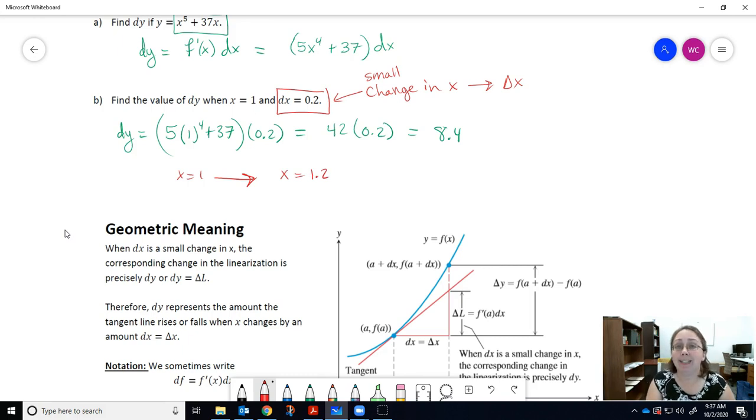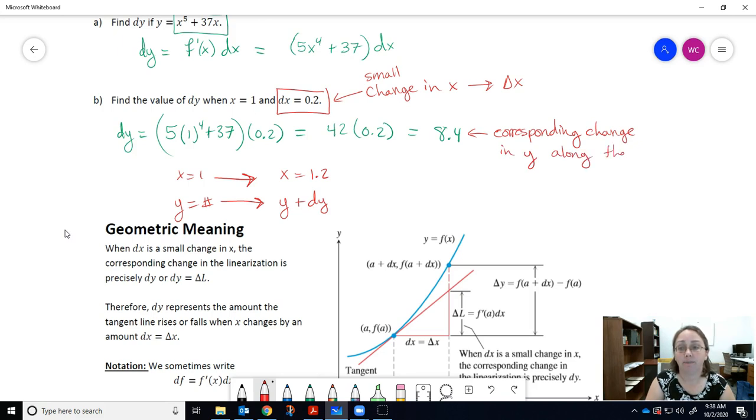What impact does that have on y? Well, y has some value, some kind of number. The change that we see in y is going to be y plus dy. That's the change in y. So what we have found here is the corresponding change in y. But this is the change in y along the tangent line.